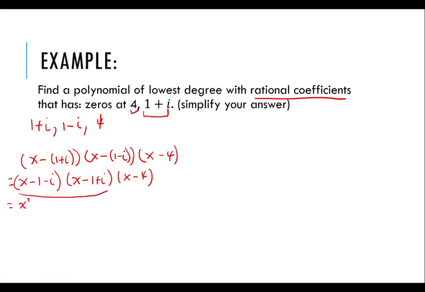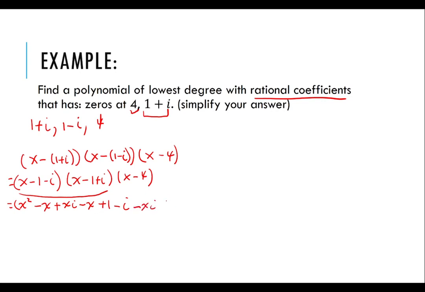x times x is x squared. x times negative 1 is negative x. x times i is plus xi. Then we're done with the x. Then negative 1 times x is negative x. Negative 1 times negative 1 is positive 1. Negative 1 times i is negative i. Then negative i times x is negative xi.